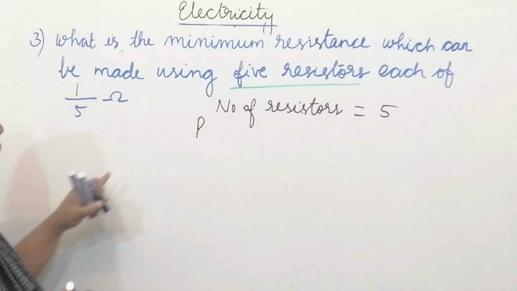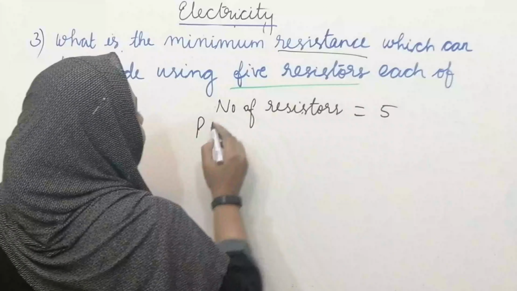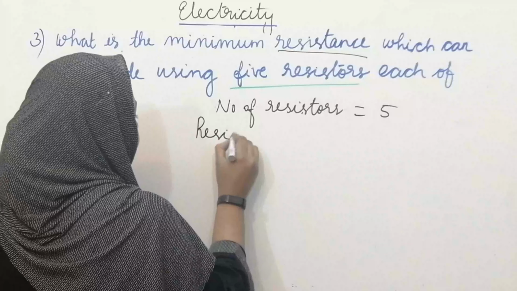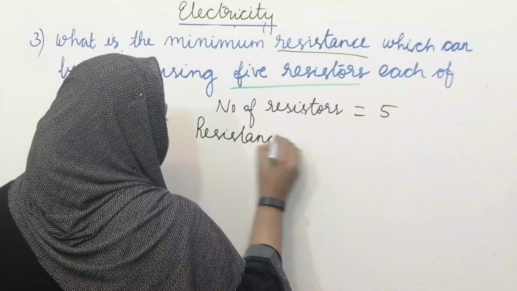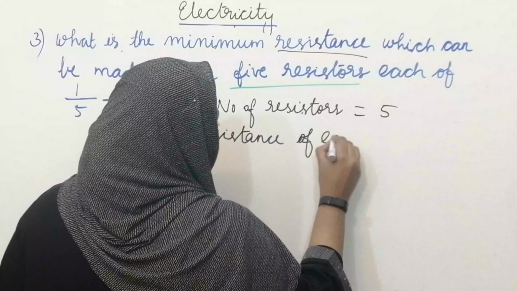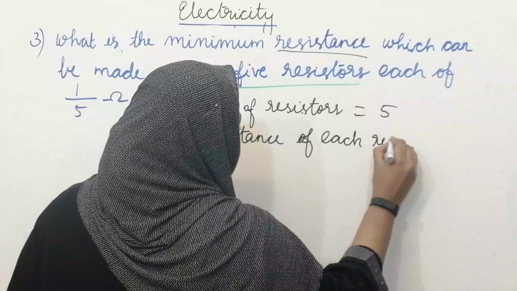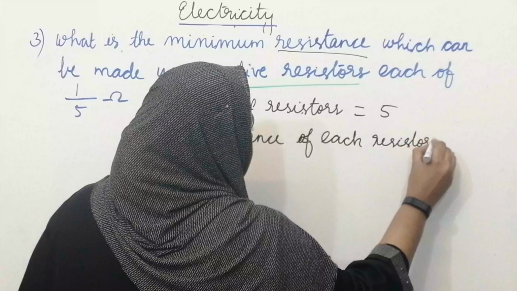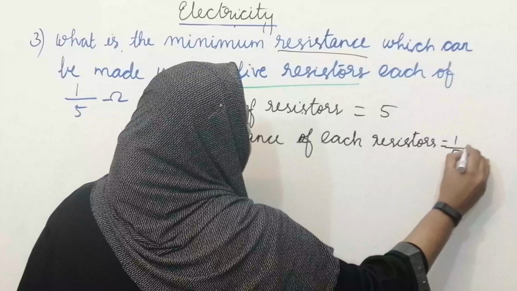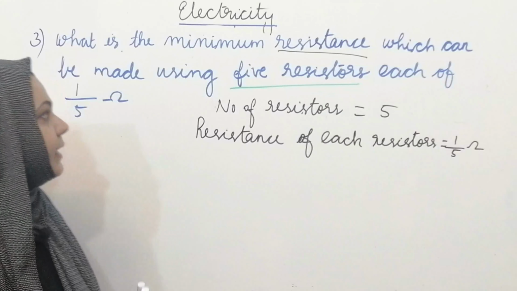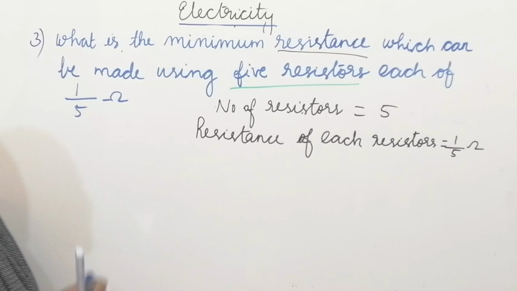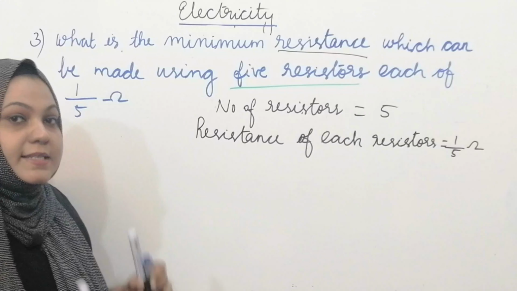So resistance of each resistor is equal to 1 by 5 ohm. Equivalent resistance is maximum when these resistors are connected in series.